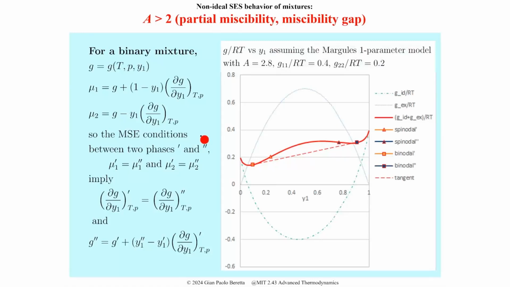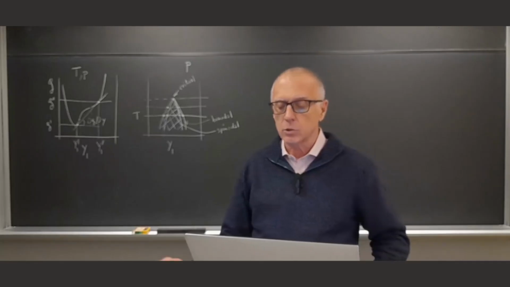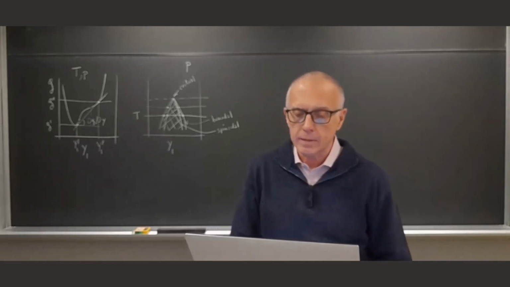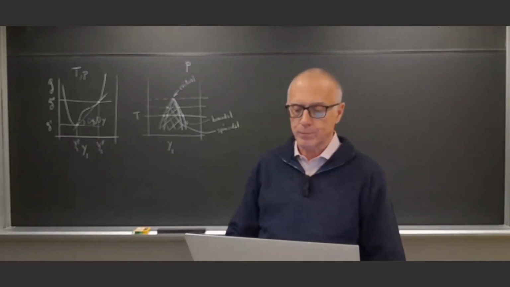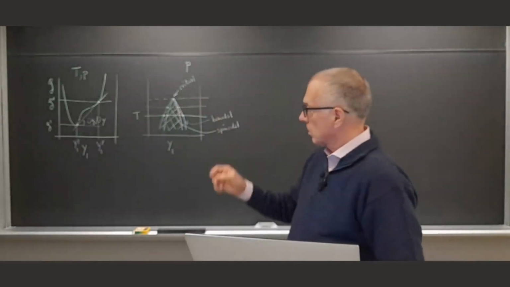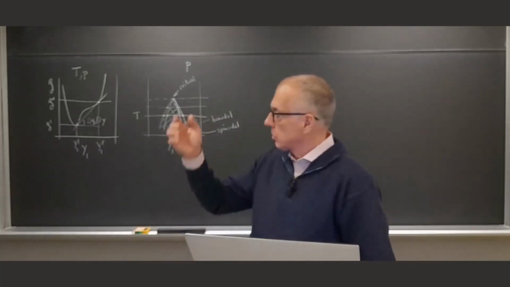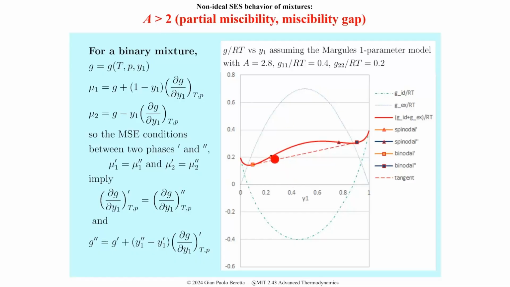If you set a lower temperature, so you go to A greater than 2, then you get partial miscibility. You get this miscibility gap.